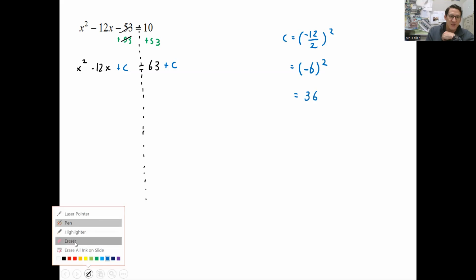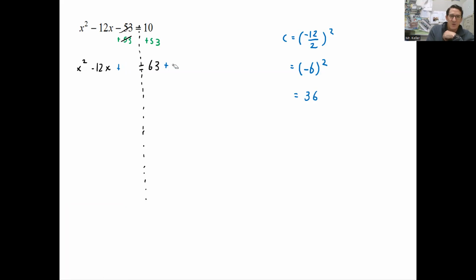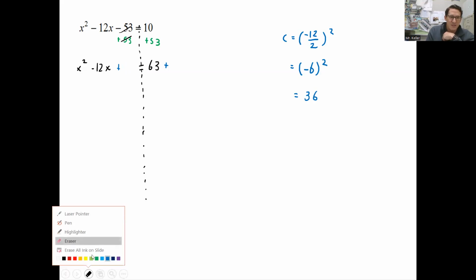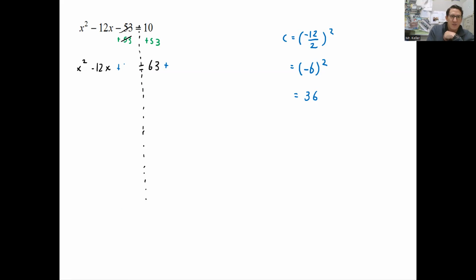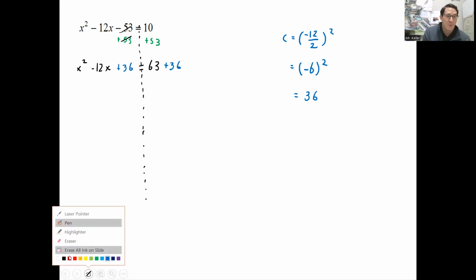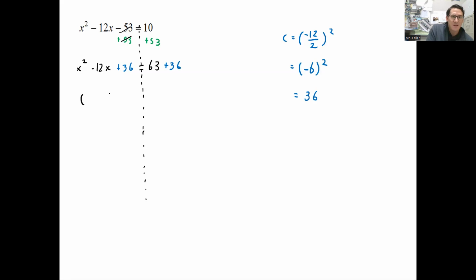So I'm going to change these c's to a positive 36. I'm going to factor this left side. So it's going to be x, and the middle one, negative 6. So it's x minus 6, the parentheses squared, is equal to 63 plus 36 is 99.